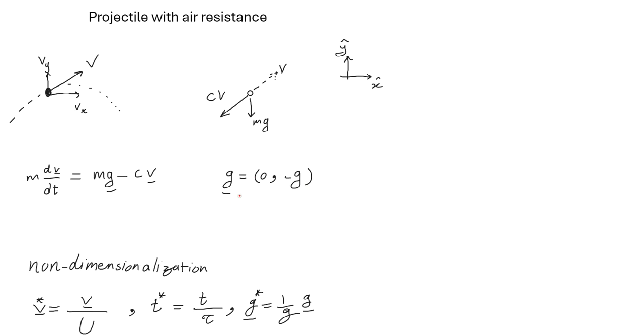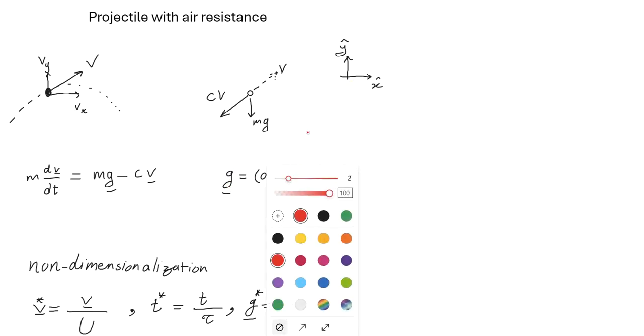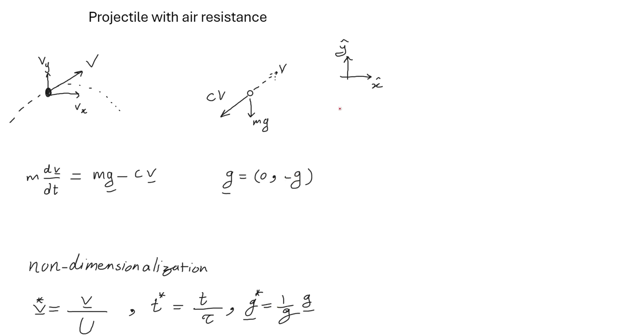All right, and we know that the gravity is in the y direction, it's negative, g is downwards, and there is no gravity in the x direction. We can change this based on our coordinate system, but we are not going to complicate our analysis.